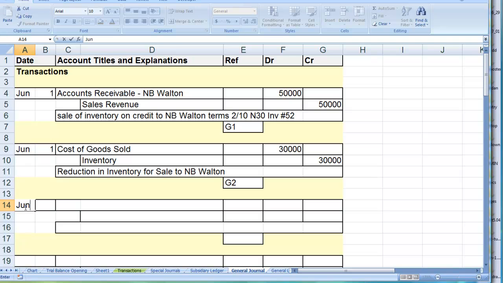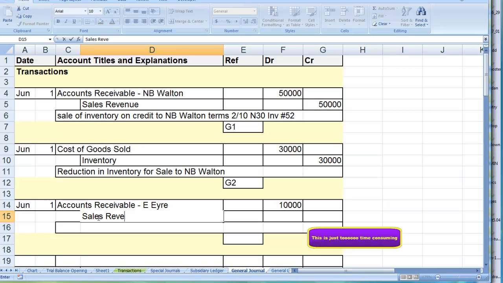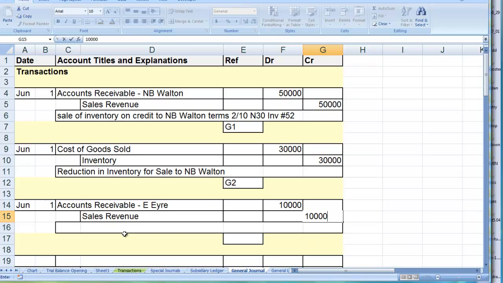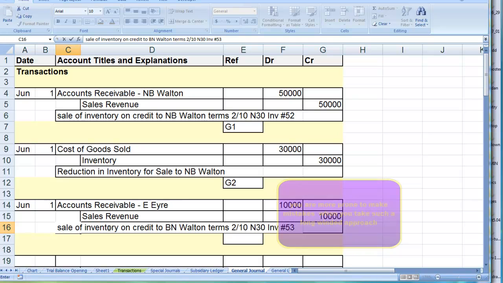Now our next entry, June 1st also, and it is accounts receivable $10,000, and we have sales revenue $10,000, and that is sale of inventory number 53.